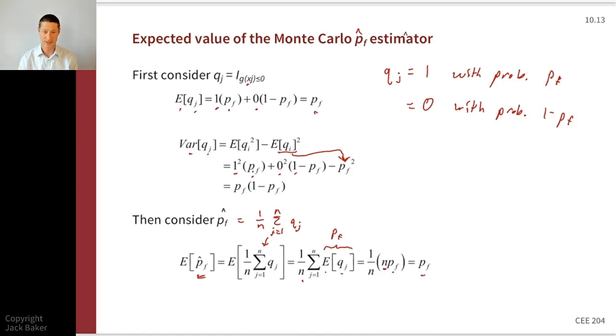Okay? So the expected value of this estimator is pf, so that's what we call unbiased. Okay? So on average, I'm not underestimating or overestimating the probability of failure with this technique. But for any set of n samples that I generate, there might be a few extra failures or a few less failures than we would get on average. There's still some variance here in this estimator.